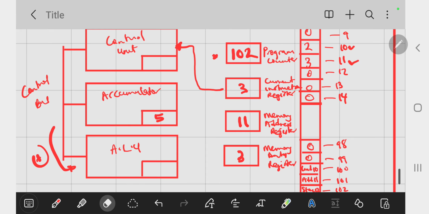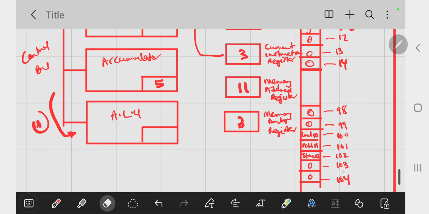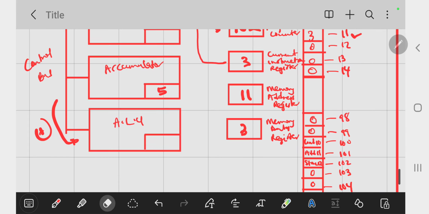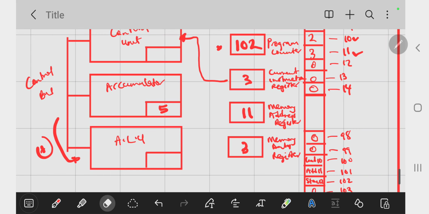So at this stage, the memory address of the next instruction, 102, which is stored in the program counter because it's always pointing to the next instruction, is just copied into the memory address register. So in the memory address register, you have 102.